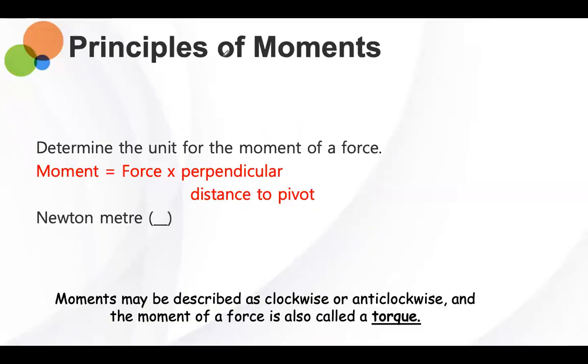Yes, sir. All right. So we want to look at the formula for calculating the moment of a force. The moment of a force is simply the force times the perpendicular distance. This is very important that it's perpendicular.